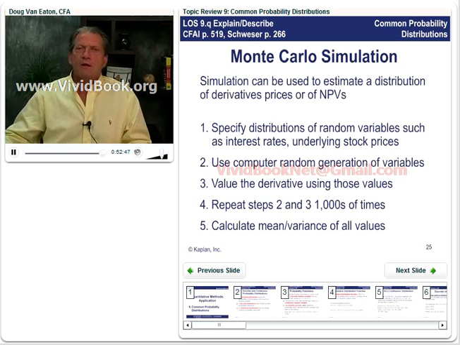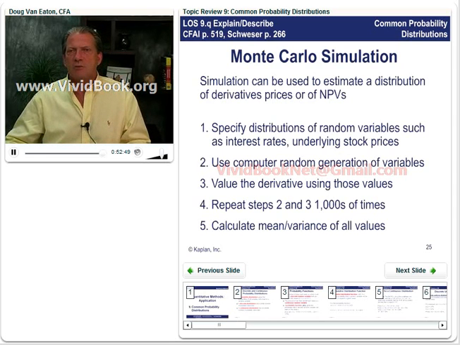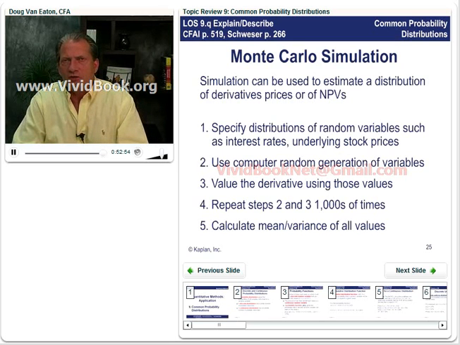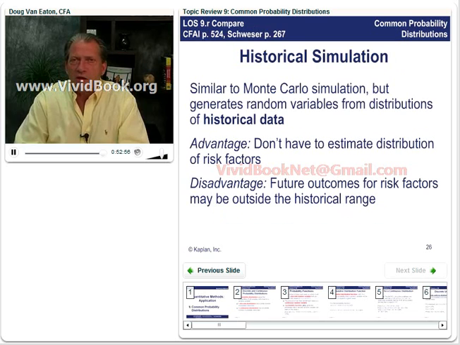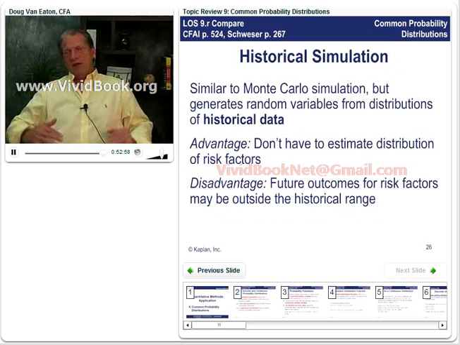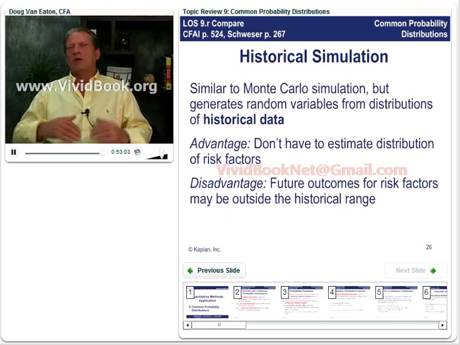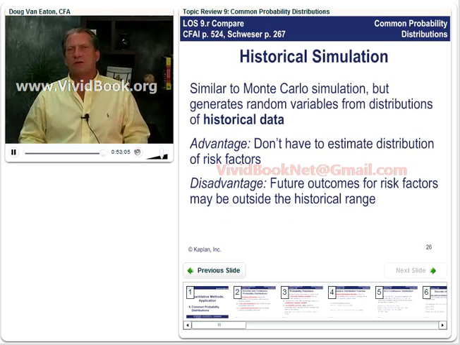Now, compare that with a little easier and maybe older method, and that's historical simulation. Here, we're not going to simulate these. We're going to go back in time and say, here are some values for interest rates, asset values, this and that, over the last 5 years. We've got weekly data for 5 years.